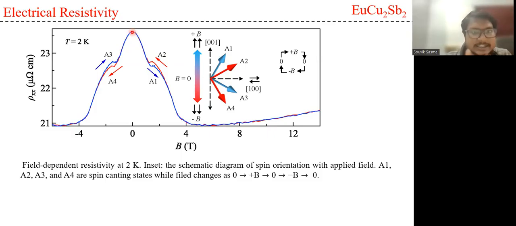Initially we are at zero magnetic field, then we increase the magnetic field. You can see this blue line. Then it goes in this path, and we increase the field up to 14 Tesla, so it reaches here. Now you come back to these places. Initially, we go from 0 to this value.